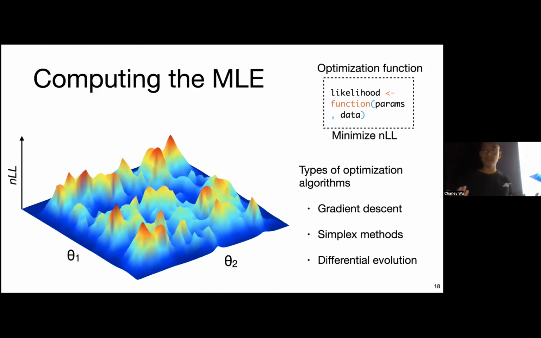There are multiple types of optimization function: gradient descent, simplex methods, or more complex methods inspired by evolutionary processes. But in general, we have to be careful, because with these models the loss landscape can have multiple peaks, right? Just like an agent trying to learn can get stuck in a local optimum, trying to find a set of parameters that best fits your data could have that same problem, where some optimization algorithms may get stuck in different locations in the landscape.